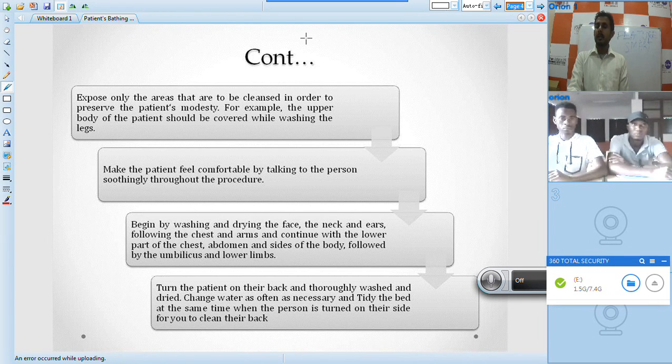If you are giving the bath to the lower portion of the body, you need to cover up the upper part of the body.